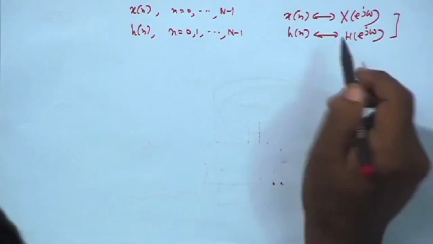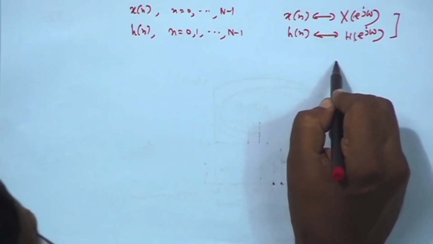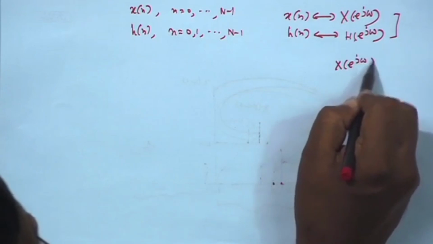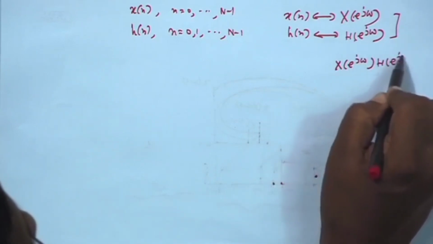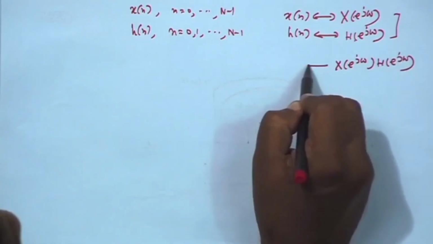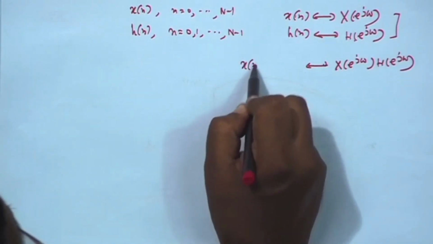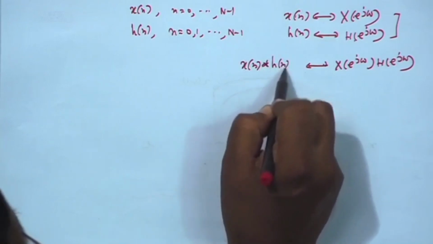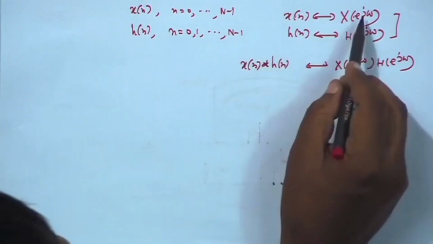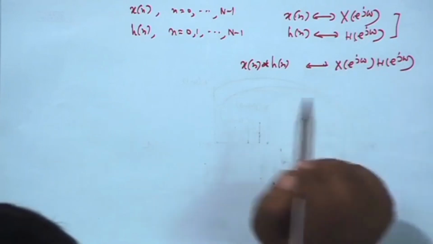Now, there we saw that if we multiply in frequency domain, then inverse DTFT of this is the convolution of this. There is convolution in time domain, gives a sequence whose DTFT is the product of these two DTFTs in frequency domain.